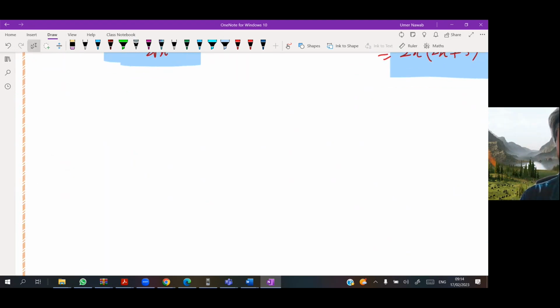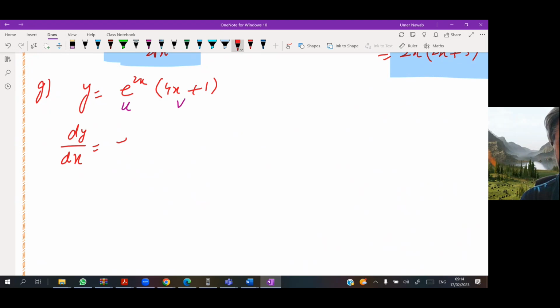Guys, after that, G part, y equals e raised to power 2x, times (4x plus 1). Very important from the exam point of view. We have u, this is v. dy by dx: e raised to power 2x as it is.